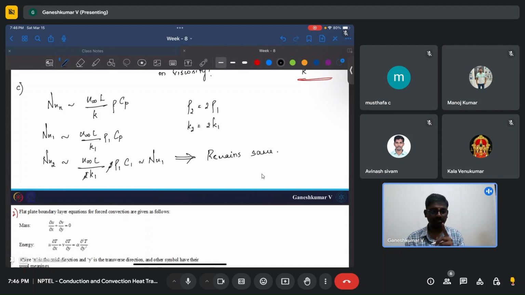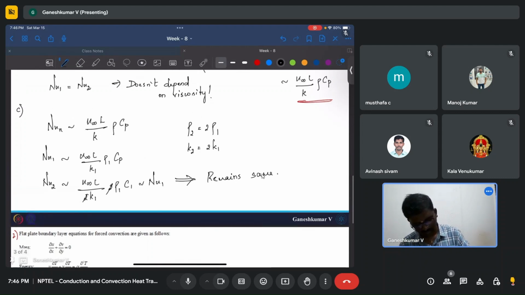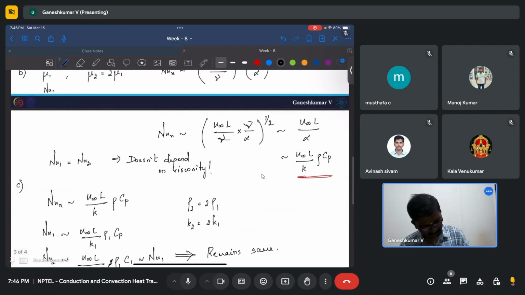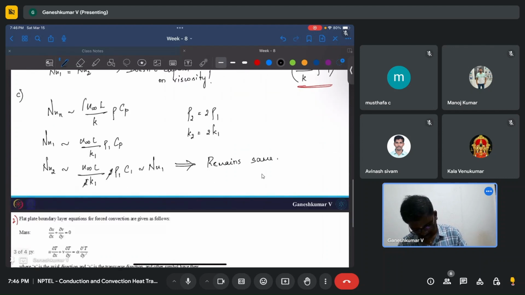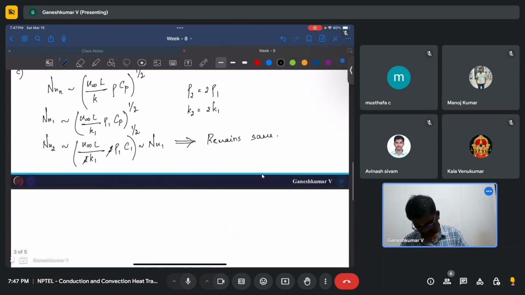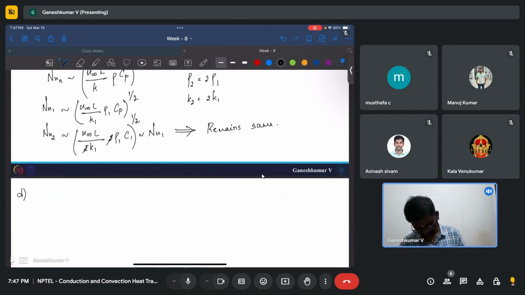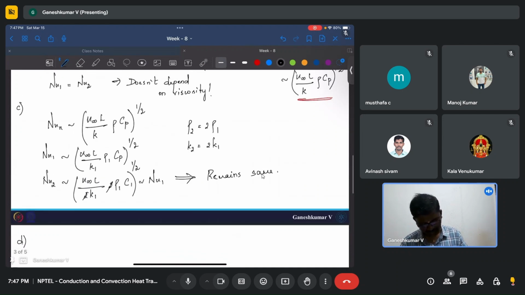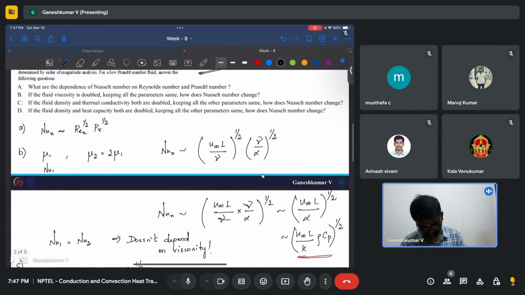But if you change one of them, it is going to change. Okay, wait. I think this has to be whole power 1 by 2. So these are simple things. I'm just showing it to you so that it will be clear.